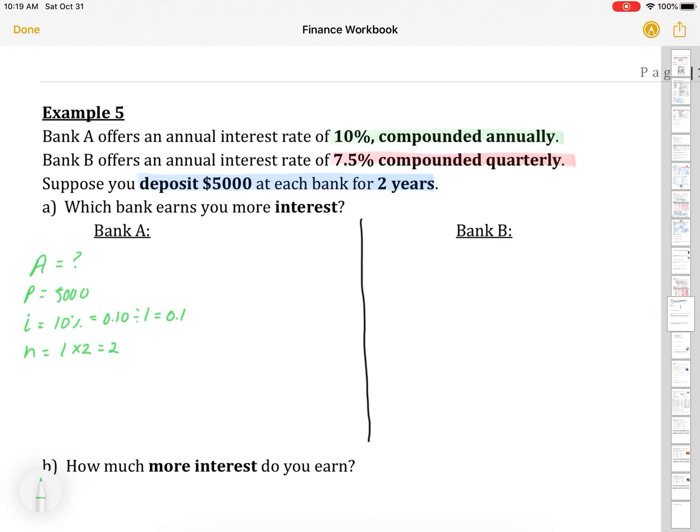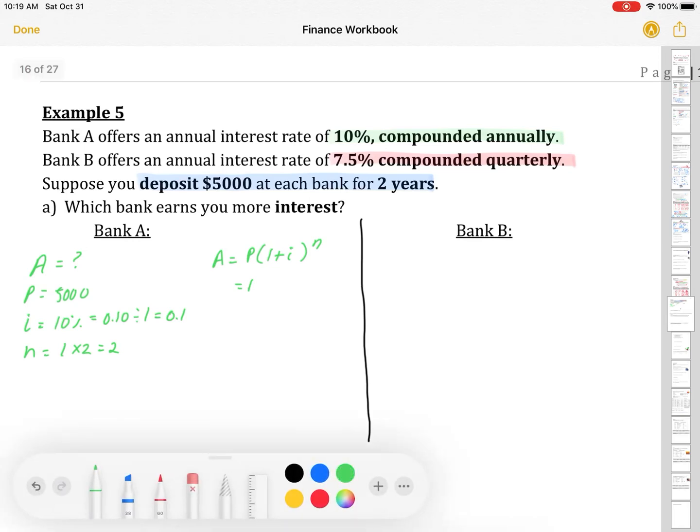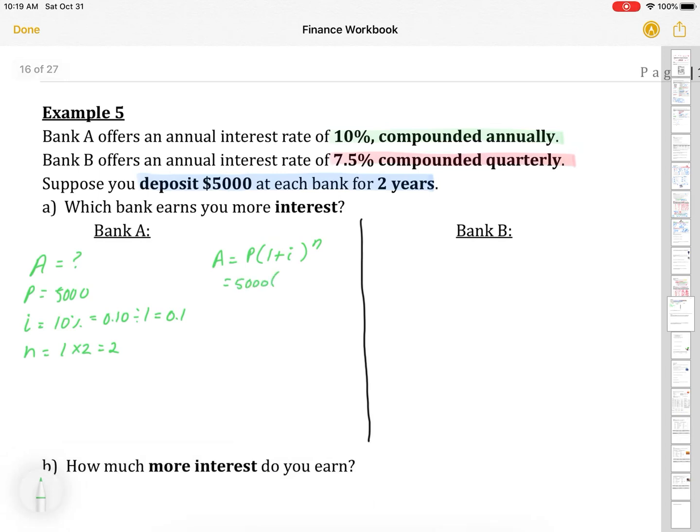So for here, A is equal to P, 1 plus i to the n. P is 5,000 times 1 plus 0.1 to the 2. So 5,000 times 1.1 to the 2, which equals 6,050. Okay? So that's how much you would have at Bank A.